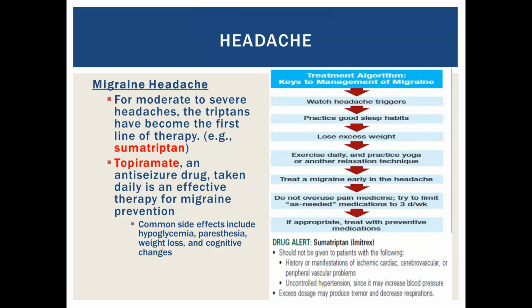But again, these medications have a lot of bad side effects. So you see here topiramate: hypoglycemia, paresthesia, weight loss, cognitive changes. I know that's hard for me to ask about because a lot of those signs and symptoms are exactly what we're giving the medication for. So make sure that if we're talking about adding in some sort of topiramate or something like that, we're actually using it as adjunct therapy.